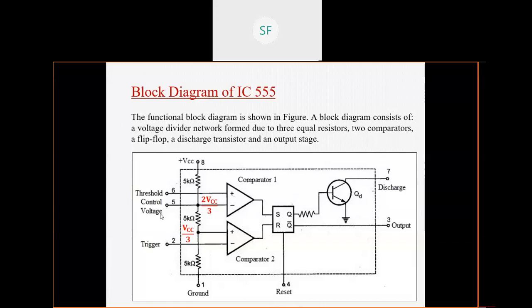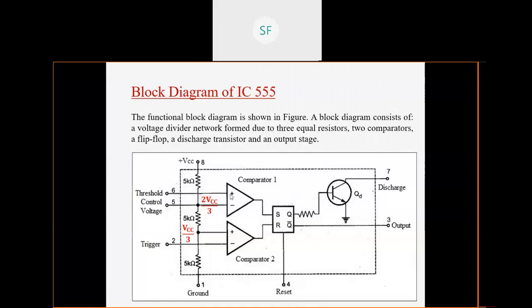So the information you are getting is that pin number 5, the control voltage, will always equal 2 VCC by 3, because you can observe that this pin is connected to 2 VCC by 3. Here there is no connection, okay. There is no connection at this point. Connection means there should be a dot. Without a dot, don't assume it is connected. This wire of the resistor is going from below, and this particular non-inverting wire is from upward. There is no connection at this point.